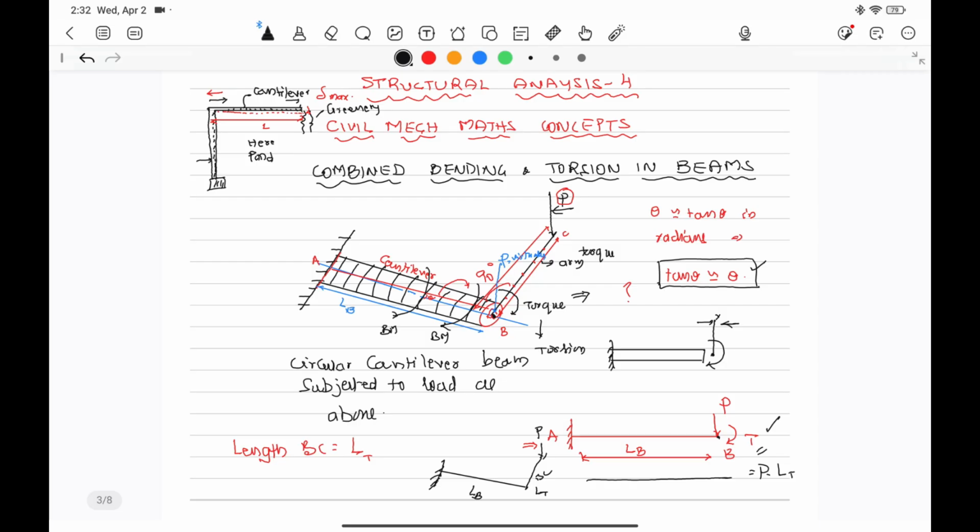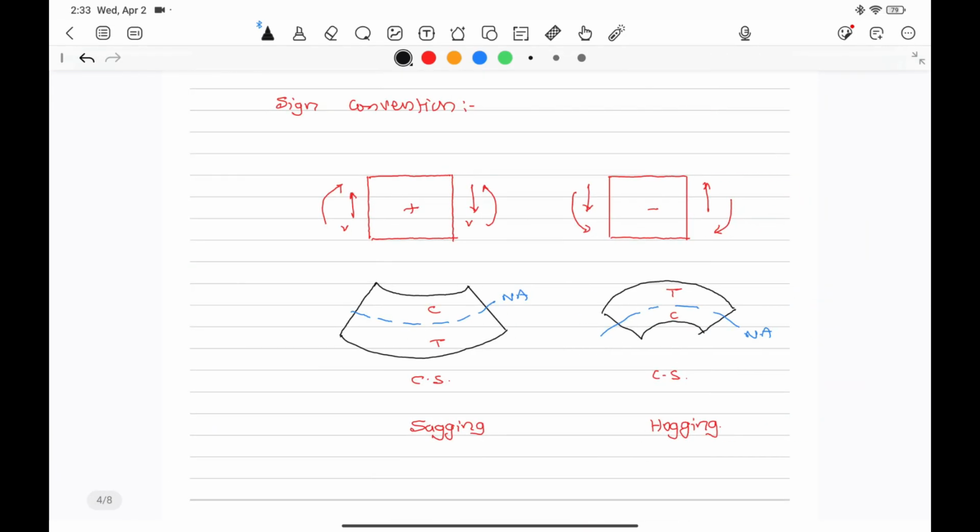If I tell each item separately, you will not appreciate it. Whereas when a combined problem is taken and appreciated properly by everybody, there will be a visualization, and in connection with this problem we will be solving different types of structural analysis problems in strength of materials or structural analysis.